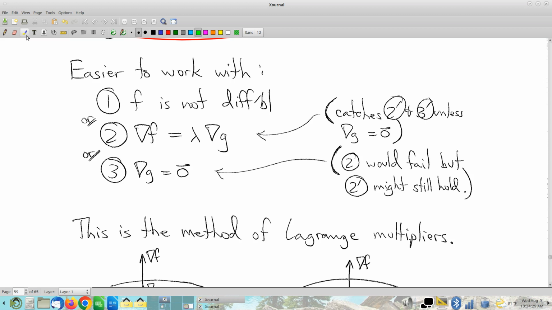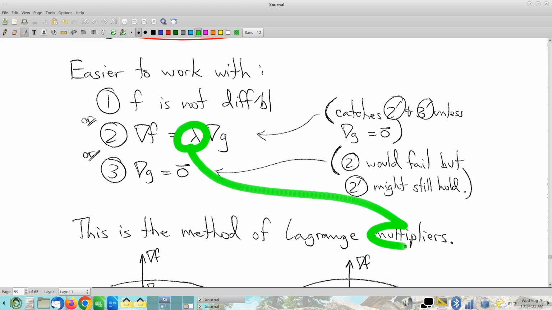Lagrange multipliers. This right here is the multiplier. That's why they call it Lagrange multipliers. It's just because of that scalar multiplier. That's all it is. And we call it lambda because of the L in Lagrange. Everybody happy?